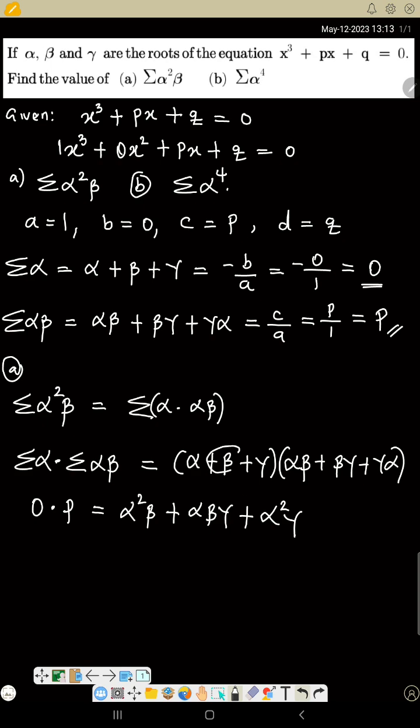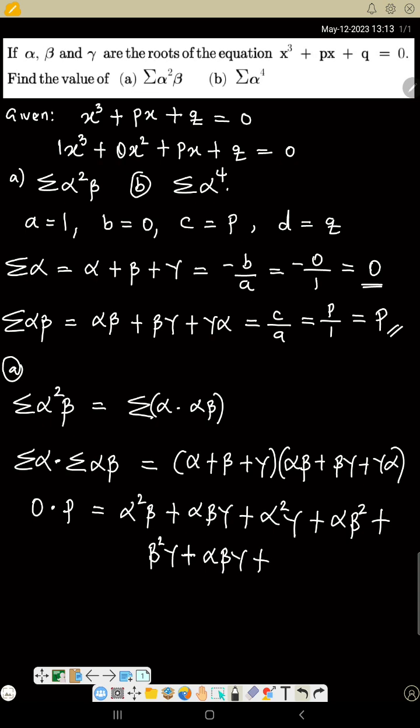Now we move to beta: beta times alpha beta is alpha beta square, beta times beta gamma is beta square gamma, beta times gamma alpha is alpha beta gamma.